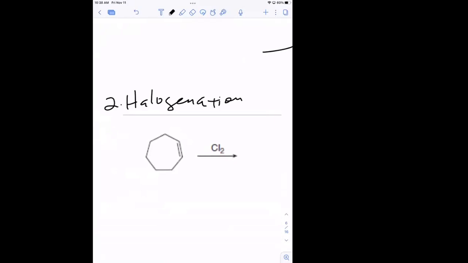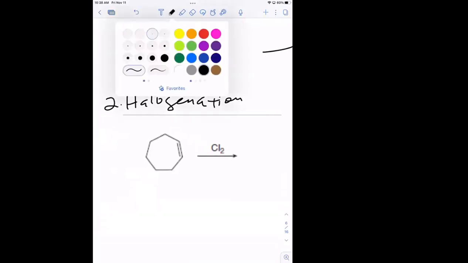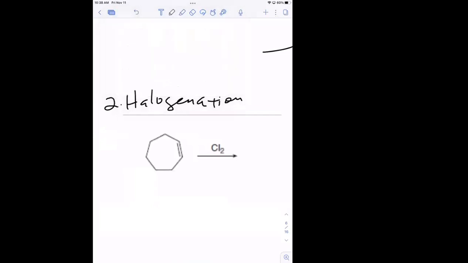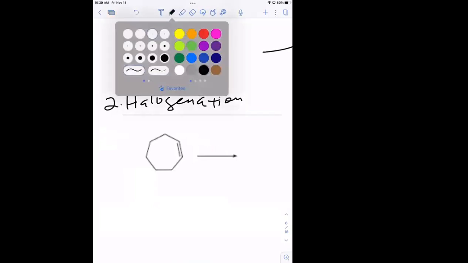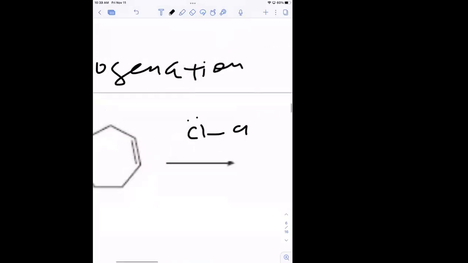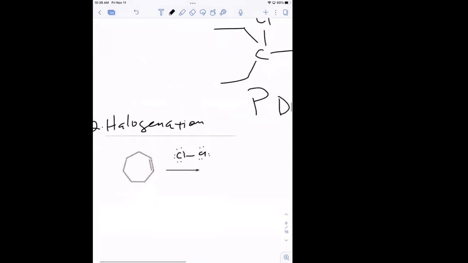I'm going to erase the chlorine and write it out. I'm going to go through this mechanism also. All right. What this does is it adds a halogen to both sides of the double bond. Both sides of the alkene are going to get halogenated.